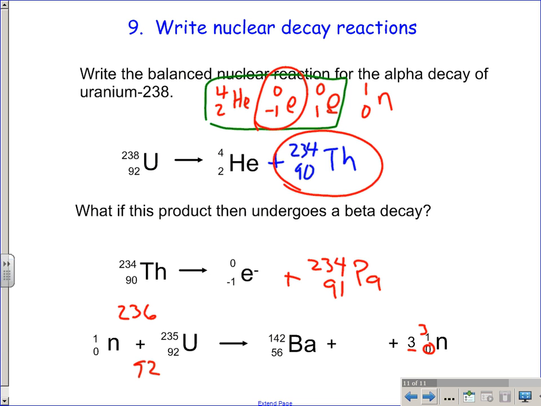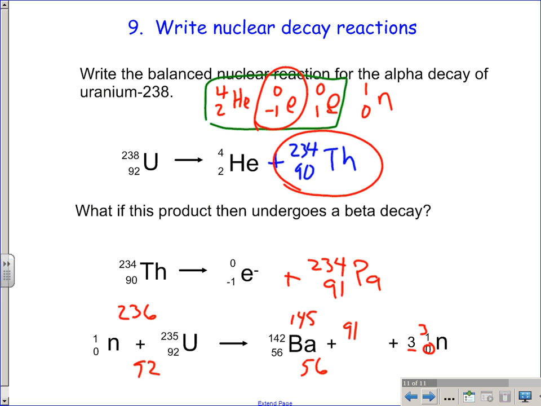Well, on top, I've got 142 plus 3, 145. And on the bottom, I have 56 plus 0. So that's going to be 56. So 145 plus what equals 236? So 236 minus 145 is going to equal 91.